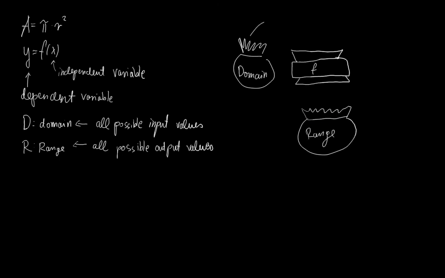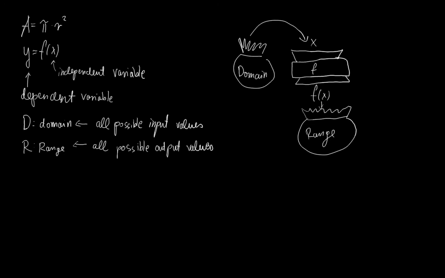Now whenever I feed it a number from inside the domain bag, for example x, I get an output value, f of x. So this is the independent variable, and this is the dependent variable. If I feed it an x from inside the domain bag, I'll get an f of x that will fall into my range bag.